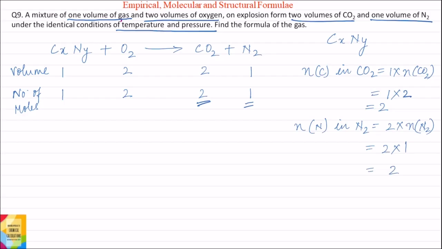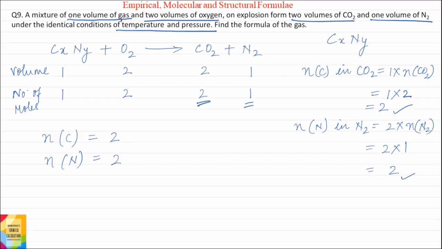अब number of moles of carbon in the given gas, that is number of moles of carbon in CxNy, is equal to number of moles of carbon in carbon dioxide, which is equal to 2. So number of moles of carbon in CxNy will be 2, and number of moles of nitrogen in CxNy will be equal to number of moles of nitrogen in N2, which is again equal to 2.